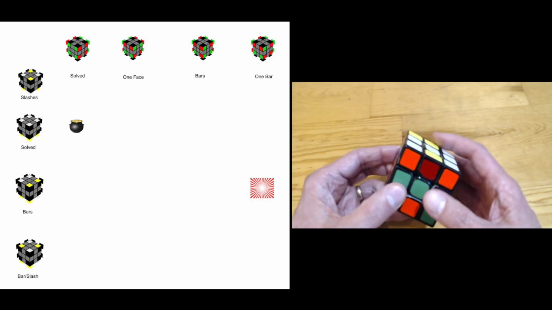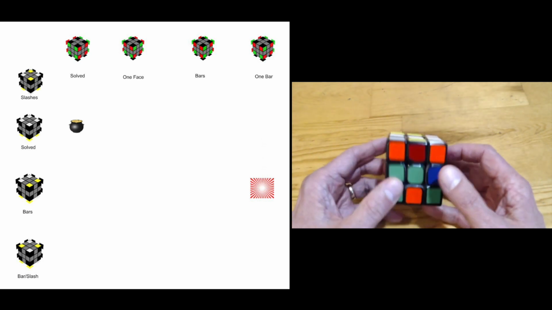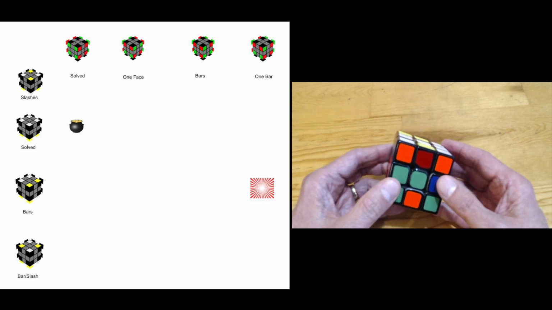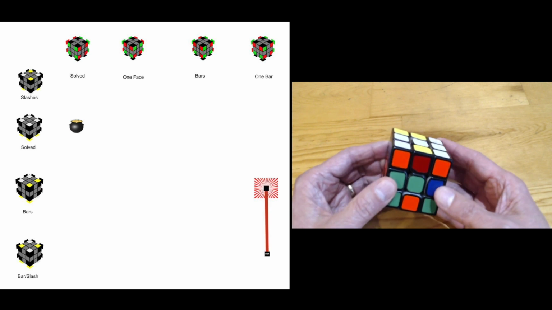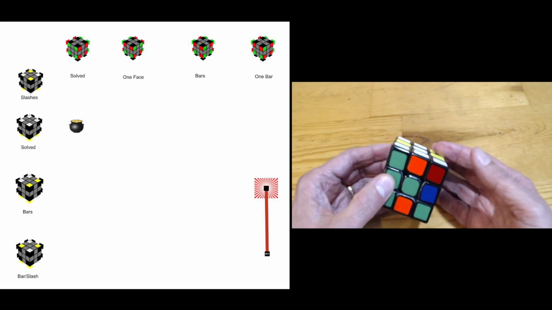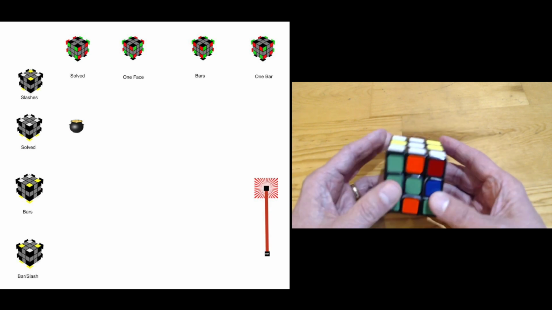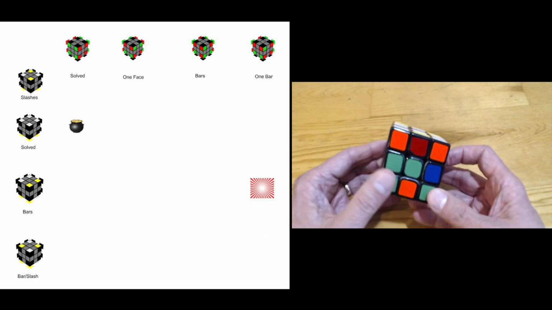If I split the UD stickers 3-1, then my UD stickers are going to go from 1 away to 2 away, and I'm going to stay 3 away for the FB stickers. So that's the other possibility.